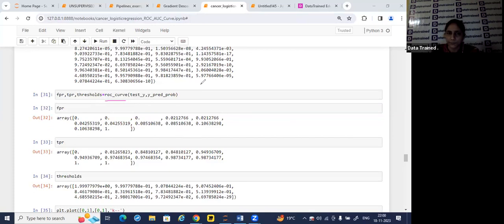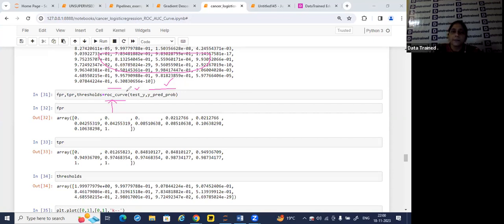Inside the roc_curve, I'm sending the actual values and the predicted probability, so that this roc_curve will give me the false positive rate and true positive rate, which we will be using for creating the ROC curve.